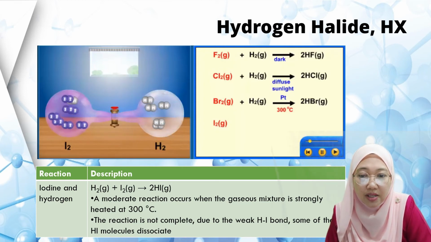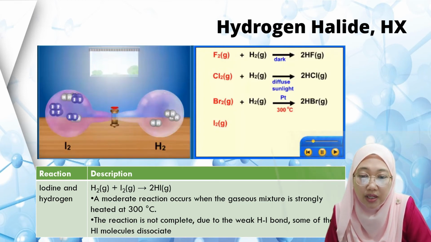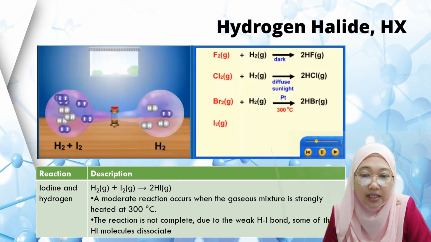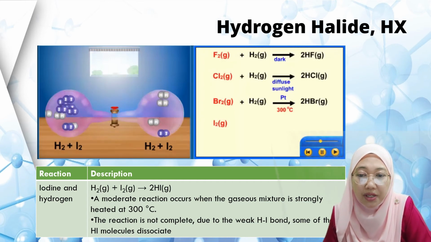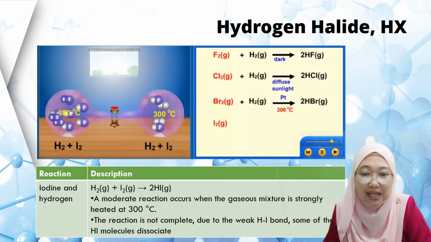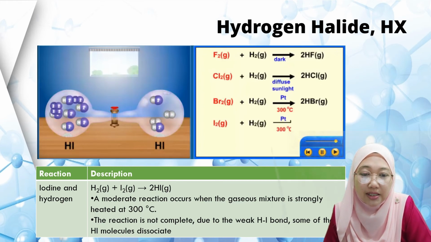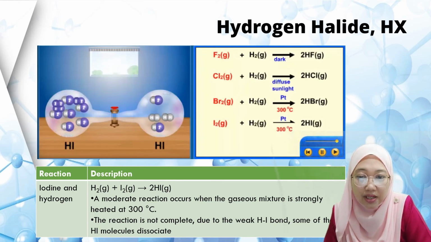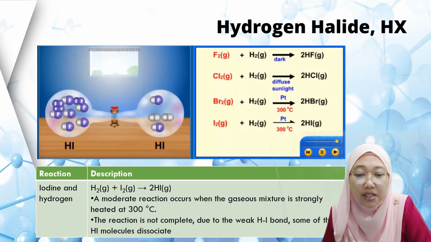Same goes to iodine. It is also the same. No reaction when exposed to sunlight. So it needs a catalyst, at 300 degrees Celsius with platinum or nickel catalyst. But for iodine, the reaction is not complete and only partial.